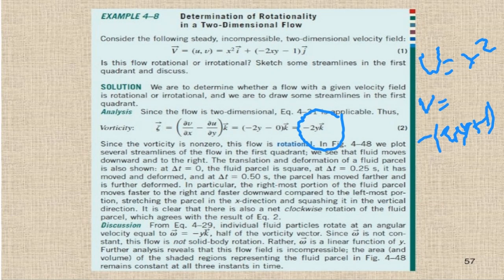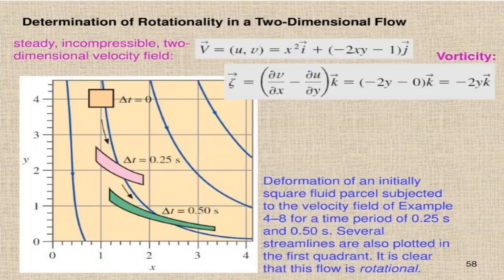So let's take a look at the streamlines to see if they go in the clockwise direction. By the way, if zeta is minus 2y k, then omega is just y k. Sorry. So these are the streamlines. They look like the streamlines in the previous problem, but they are completely different.